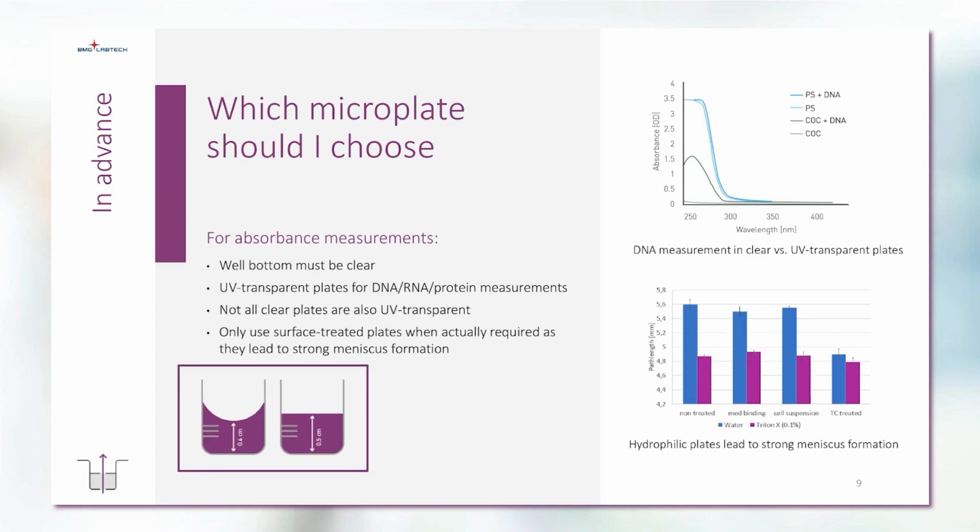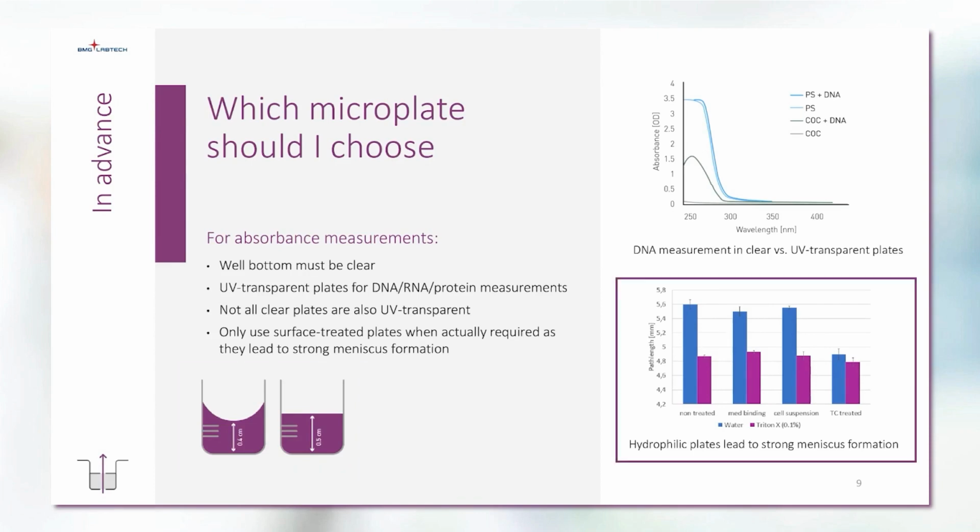The path length is defined as the height of the liquid of your sample, as shown in this scheme here. If there is a meniscus formed in your well, this may lead to a reduction of the path length. And if the path length is lower compared to the height that it would be in other plates, this may completely mess up your results in the end.